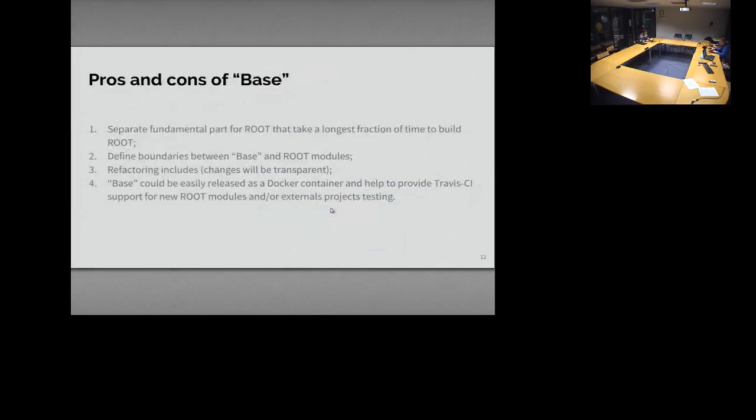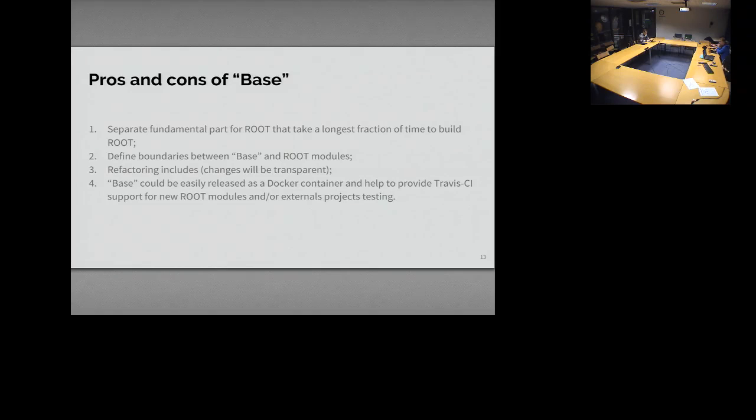The pros of base: it separates the fundamental part of root, which takes the longest fraction of time while you're building root. As I said, you can start to see the pure separation between modules and core by itself. It helps refactoring includes, and all changes are totally transferred, so they're not hurting anybody.